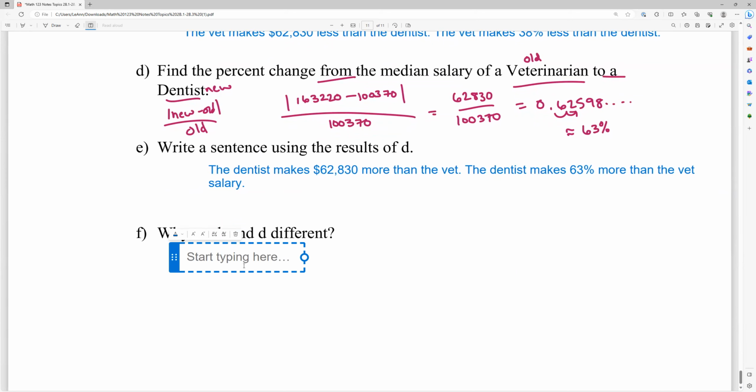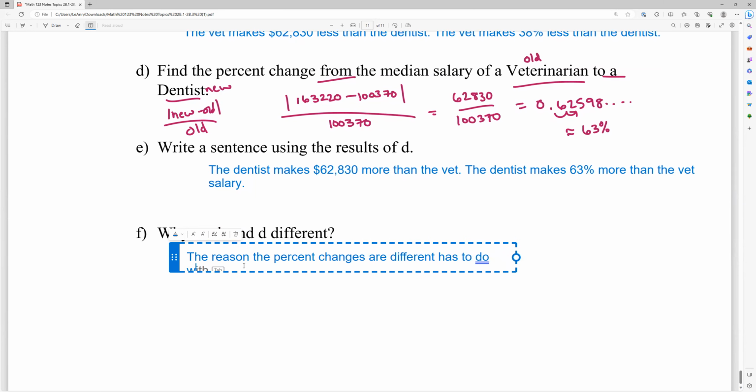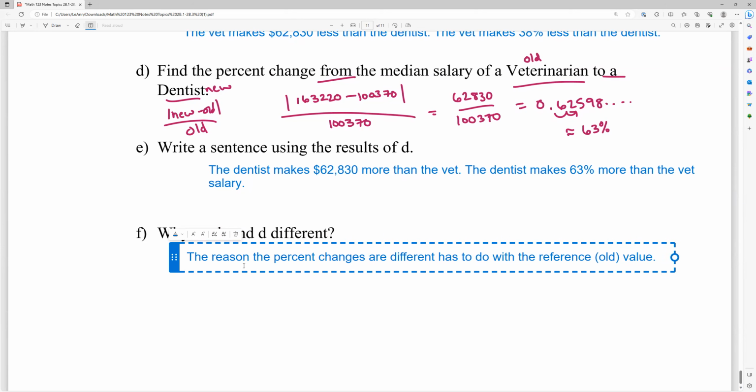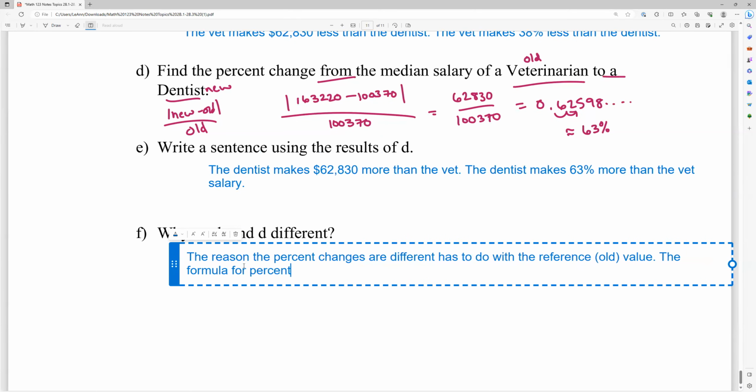So this one says, what is the difference between those two answers? So the reason the percent changes are different has to do with the reference or old value. The formula for percent change is, I'm going to try to write it out using the braces, new minus old, and then divided by old.